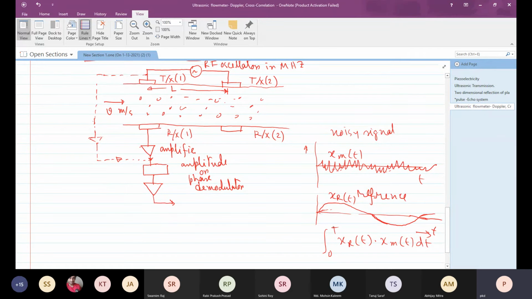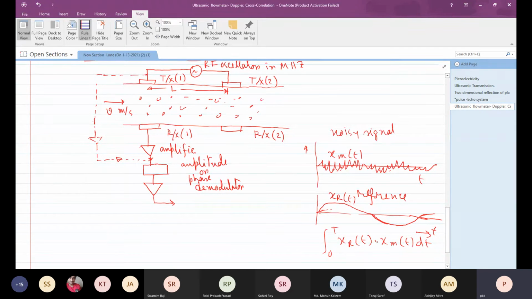Then the reference frequency amplitude will be picked up, because ideally if it is from minus infinity to plus infinity, then from the orthogonality principle, what will happen?